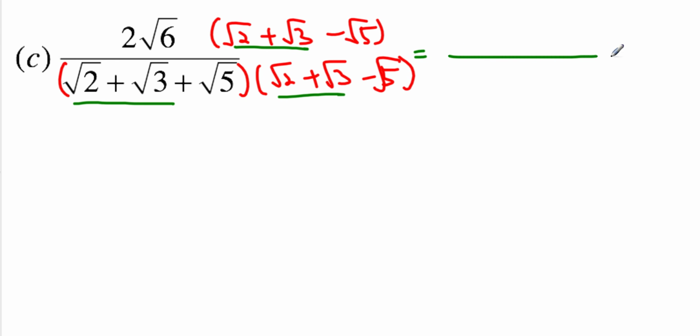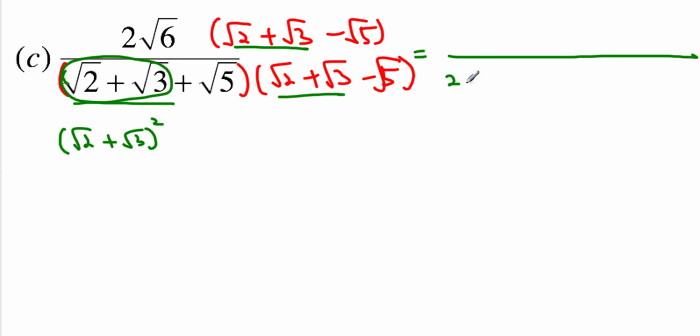Then, first, I'll be getting the square of this green expression right over here, minus the square of root 5. So what do I get for the square of radical 2 plus radical 3?